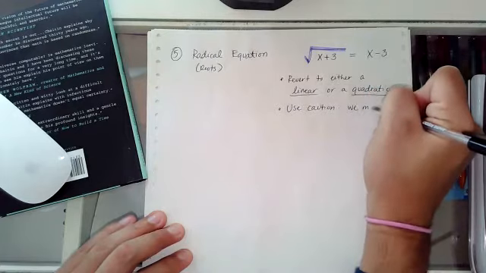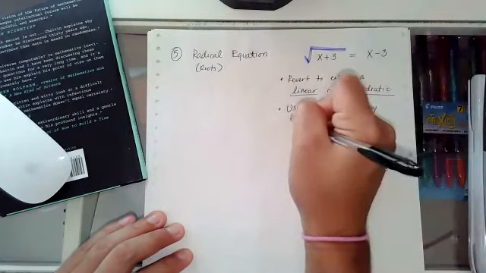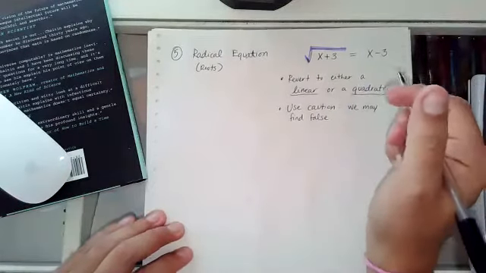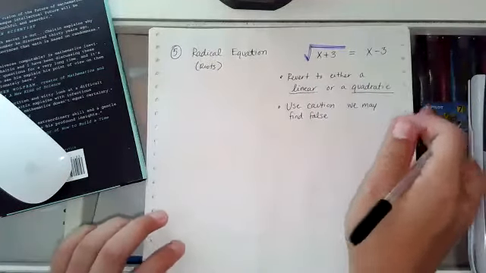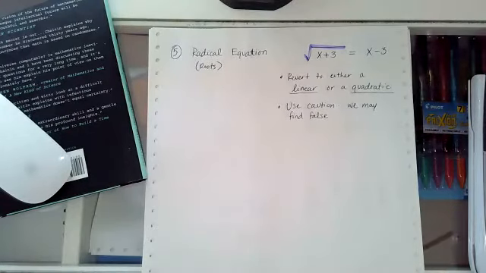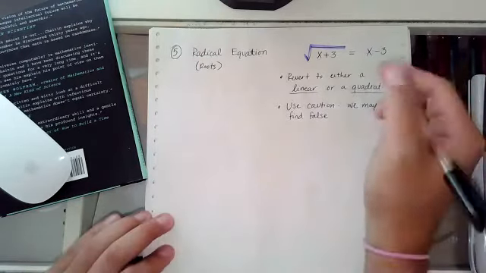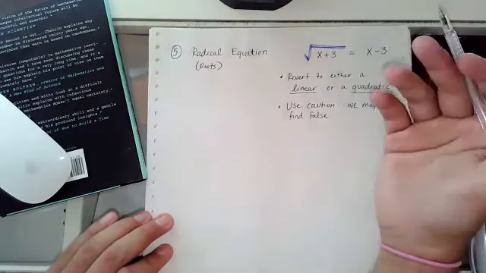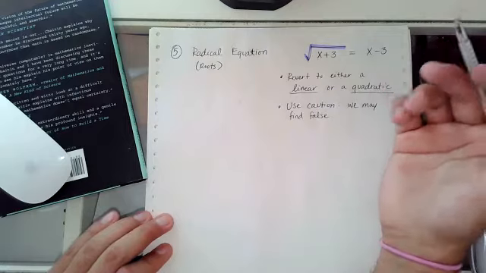We may find false solutions. There's a weird thing that happens in solving equations sometimes where we end up with a dead end. That is, we get a solution, but for some reason that particular solution is restricted. We've seen some restricted values already, but with radical equations, we do need to check our solutions to make sure that they are, in fact, valid solutions.